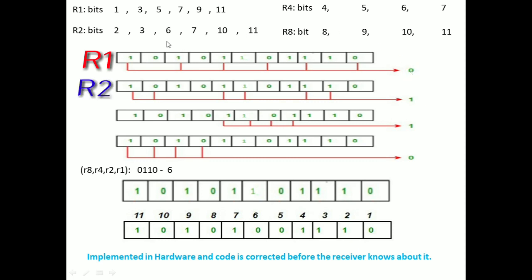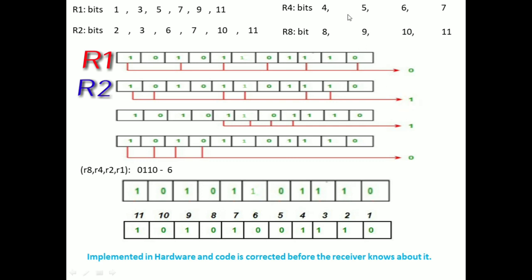Now for R2, we have to check 2, 3, 6, 7, 10 and 11. How many ones are there? 1, 2, 3, 4, 5 ones. As we are following even parity, to make it even we have to add 1.